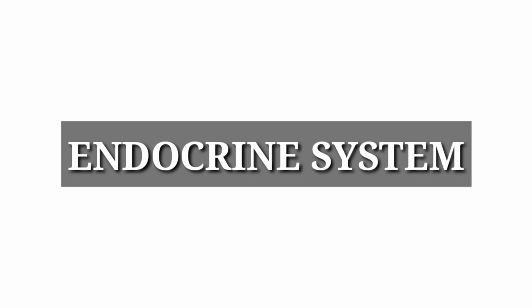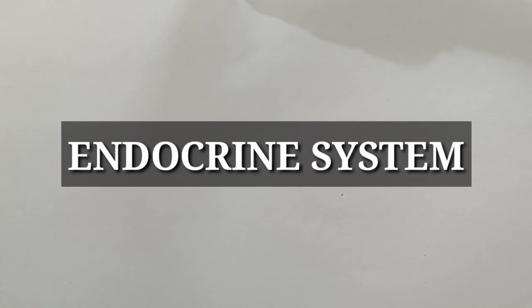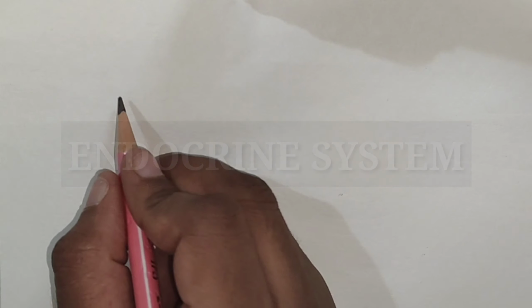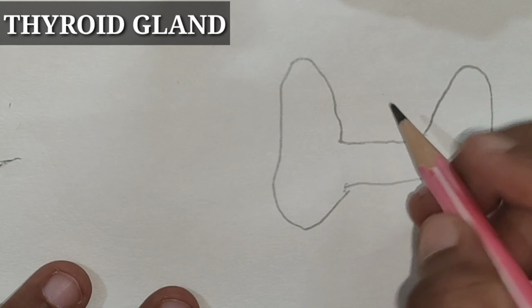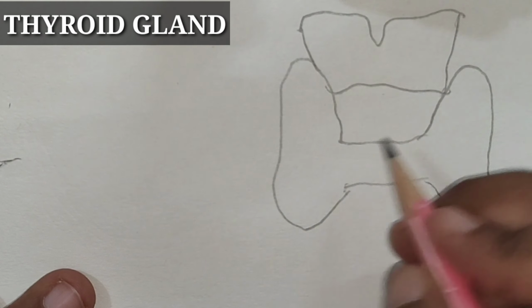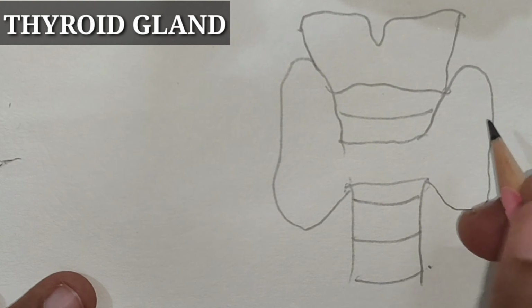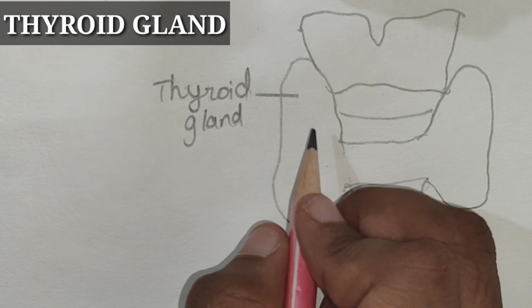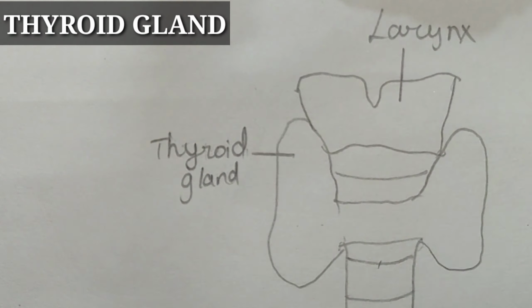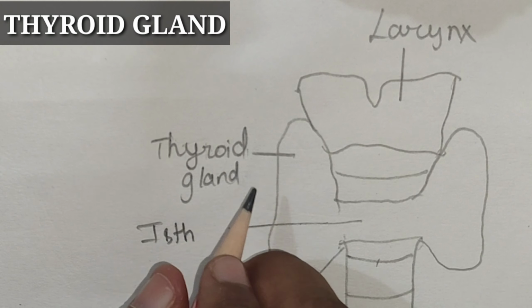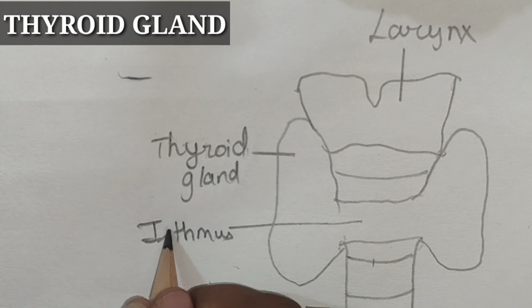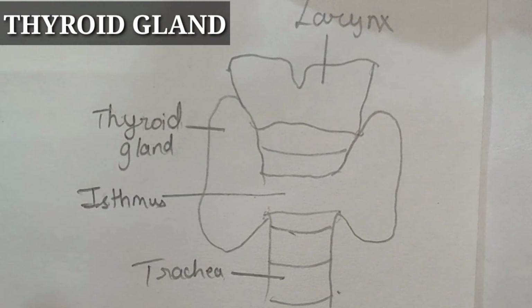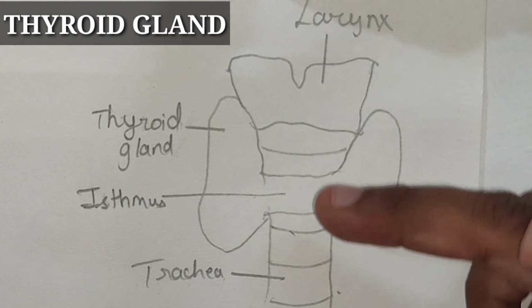Mostly the question in endocrine glands is to identify the diagram, but there are a few glands, thyroid gland and pituitary gland, which can be asked for drawing or labeling. The thyroid gland is present in front of the neck just below the larynx.